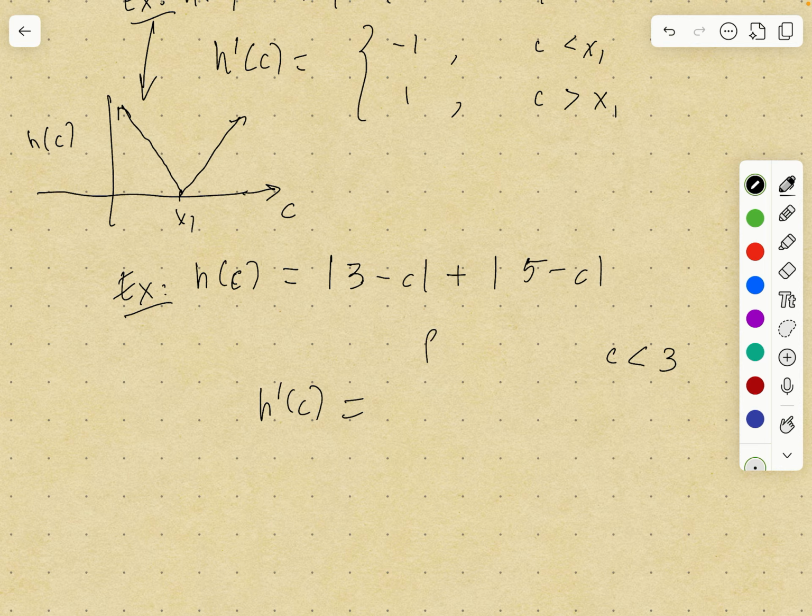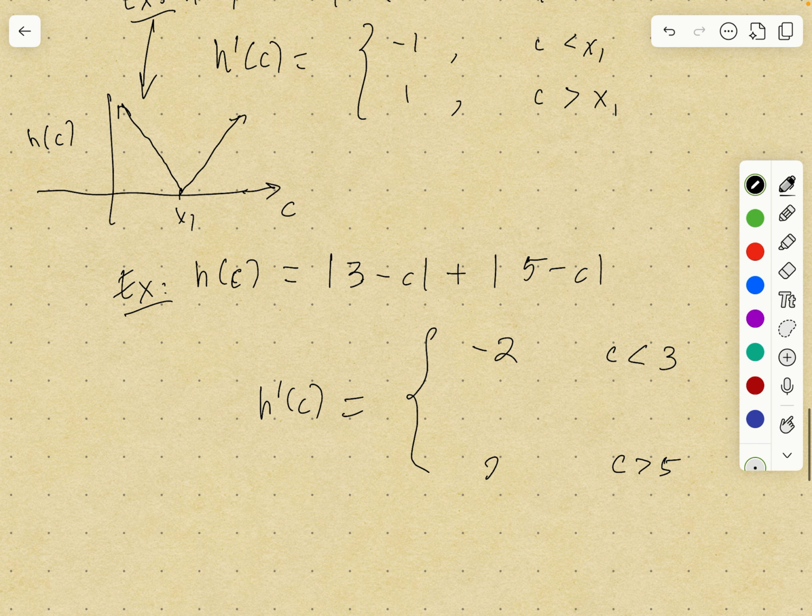So the derivative when c is less than 3 is -2, because it's -1 plus -1. Similarly, if c is greater than 5, the derivative is going to be 1 plus 1, because the derivative of each term is 1 at c. So it's going to be 2 when c is greater than 5.